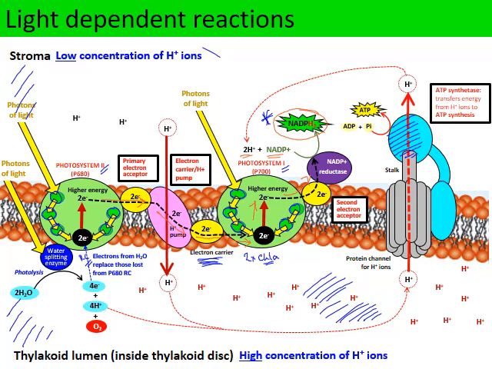So the whole point of non-cyclic photo-phosphorylation is the production of 2 molecules, ATP and reduced NADP. And both ATP and reduced NADP will both be needed in the stroma in the light-independent reactions to make glucose from carbon dioxide.